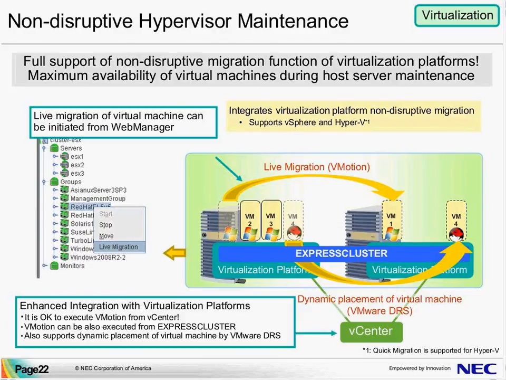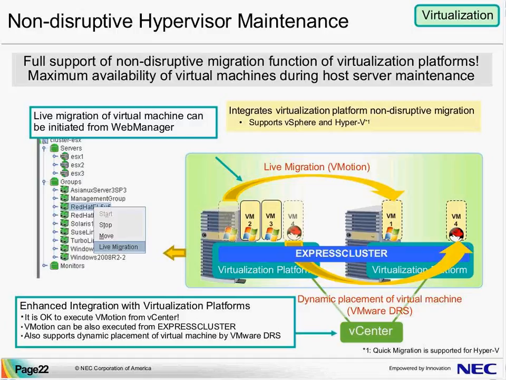So through the new integration, you can now manage ExpressCluster workloads from the ExpressCluster management interface, and when you make a change, it will automatically synchronize the status seen by the vCenter environment management, and vice versa as well.